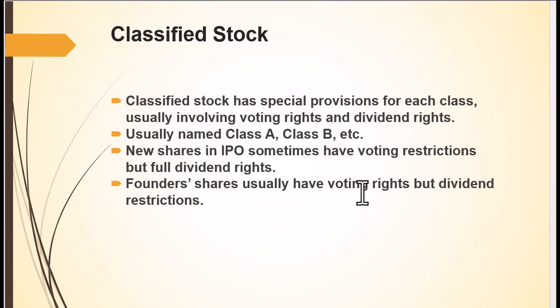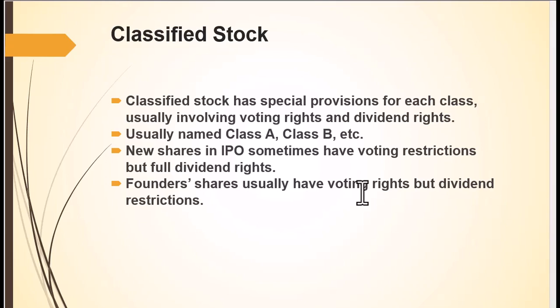The reason we have these different classes has more to do with control than it does anything else. So let's think about two reasons why this might happen. If a company is owned by a family, and this family wants to expand, they want to issue stock, but they don't want to give up control. What they might do is create a different class of stock.